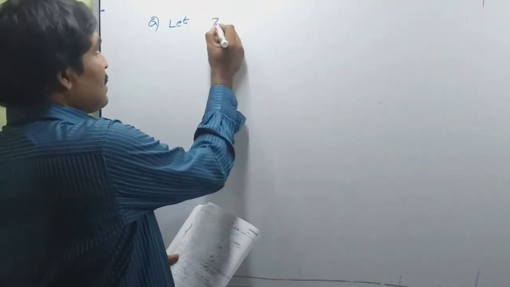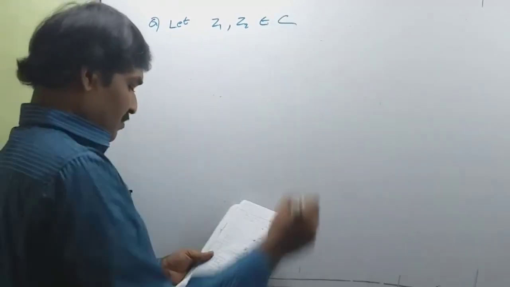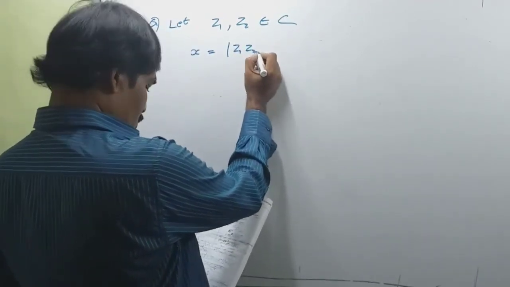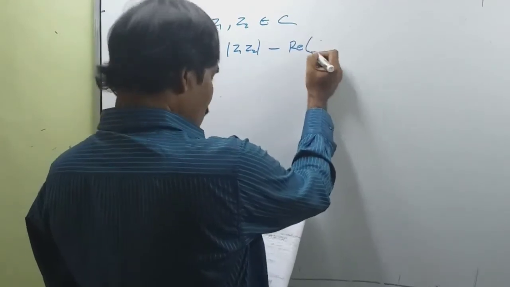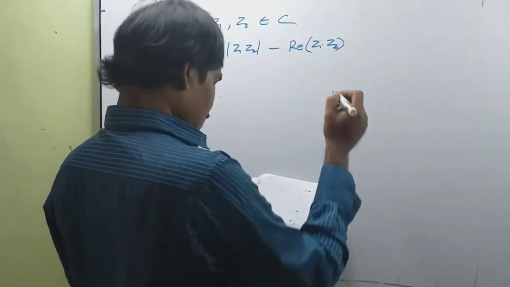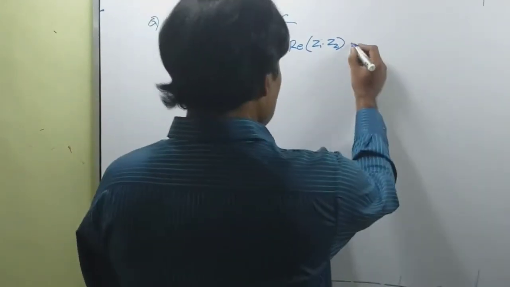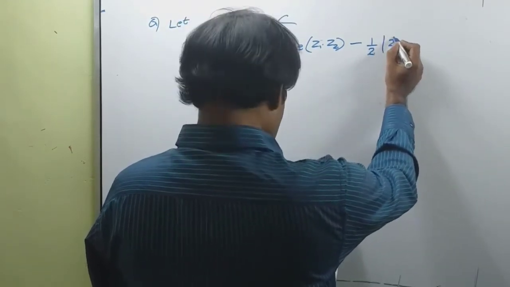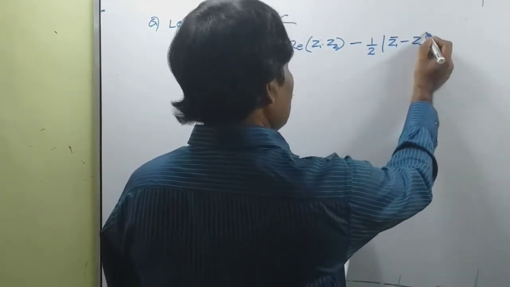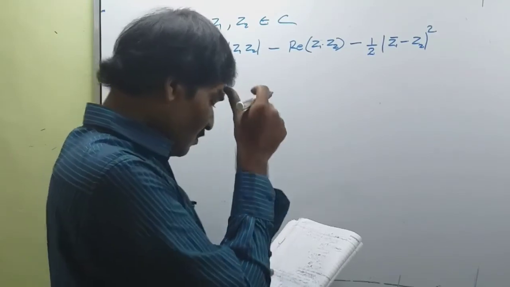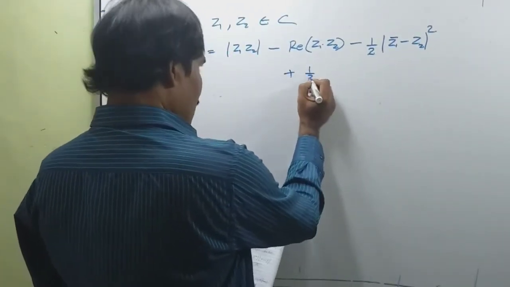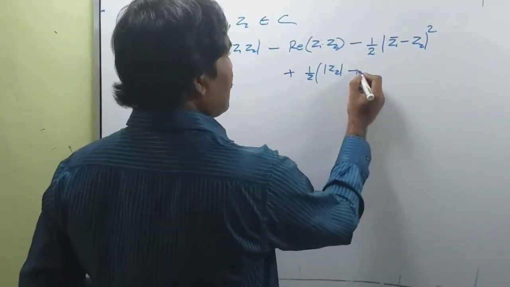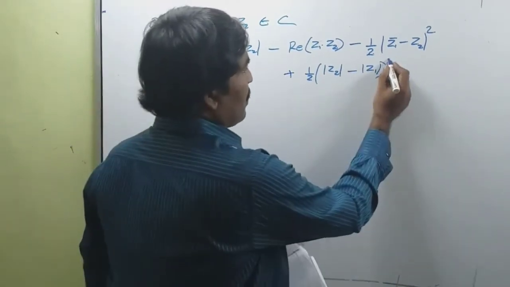Let Z1, Z2 belong to C. X is equal to mod Z1 Z2 minus real of Z1 Z2 minus half mod of (Z1 minus Z2) the whole square plus half (mod Z2 minus mod Z1) the whole square.